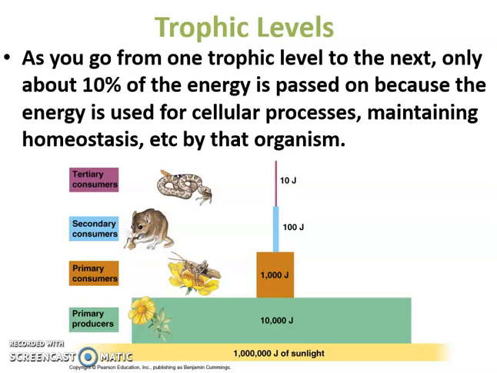And so that's why we say only about 10% of the energy that is passed on from one trophic level to the next is able to, because that creature uses it for its day-to-day life. So energy flows and is lost where nutrients are actually going to cycle. And that's a big deal as we get into later parts of this chapter.